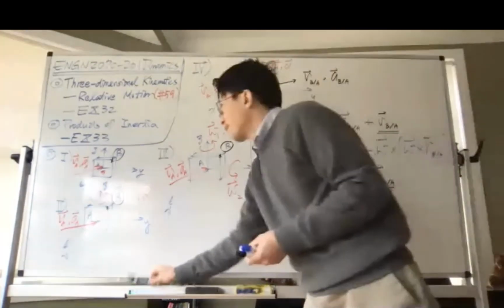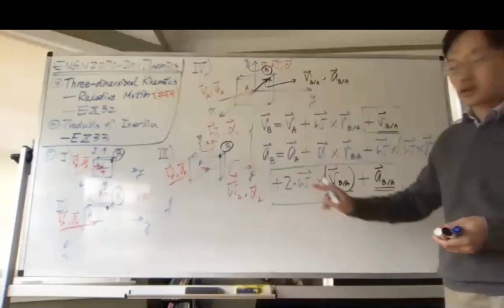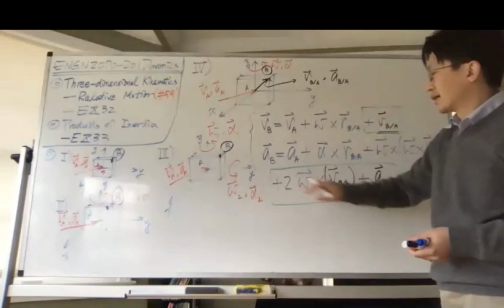Yes. What's the order of operations with the 2 times omega? Is it 2 times omega all cross VBA? Yes. It is. Okay. Yeah, it's just 2 times omega.